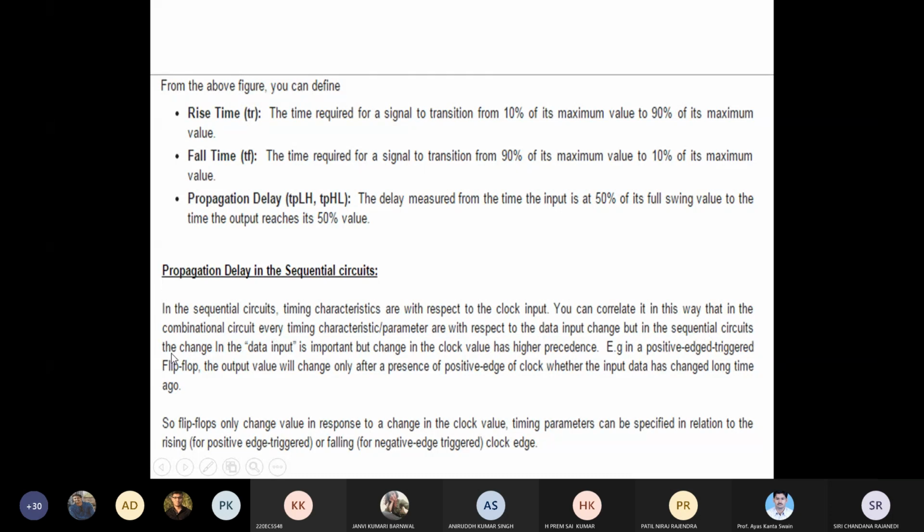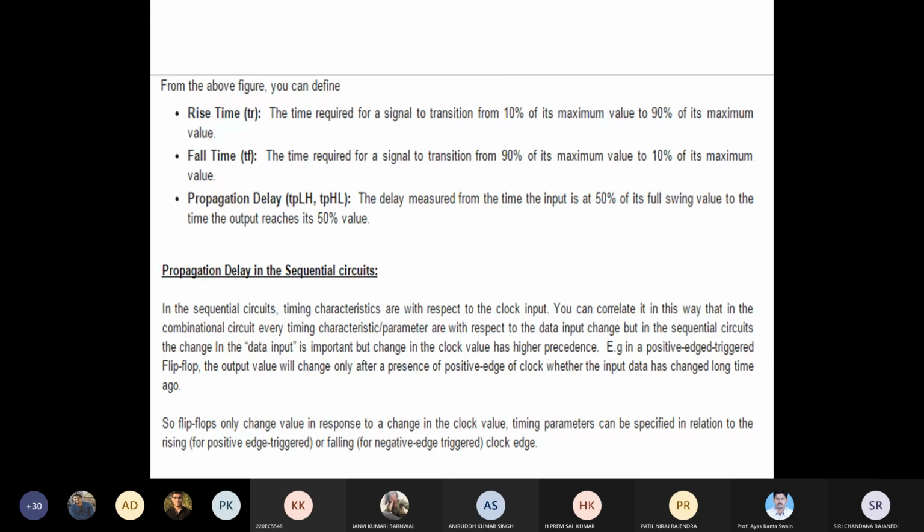But in a sequential circuit, the change in data input is important, but change in clock value has the higher precedence. For example, in a positive edge triggered flip-flop, the output value will change only after the positive edge of the clock. Whether the input data changed a long time ago or not doesn't matter. The only thing that matters is when the positive edge of the clock happens.